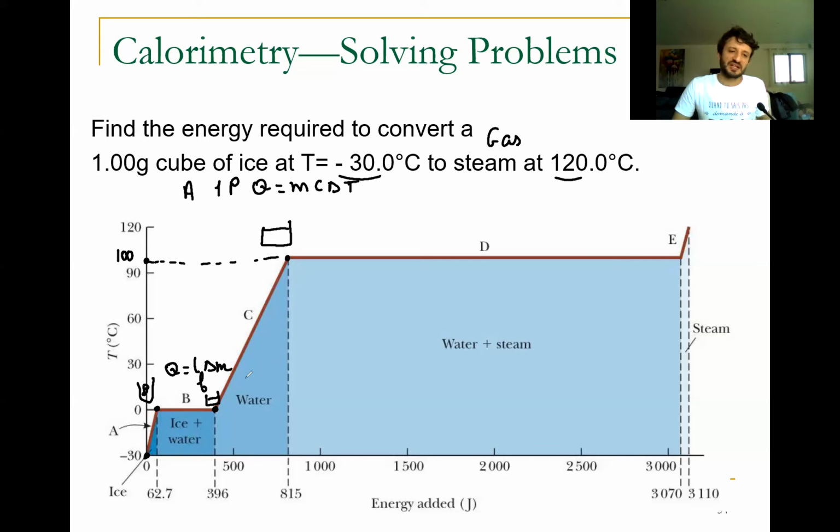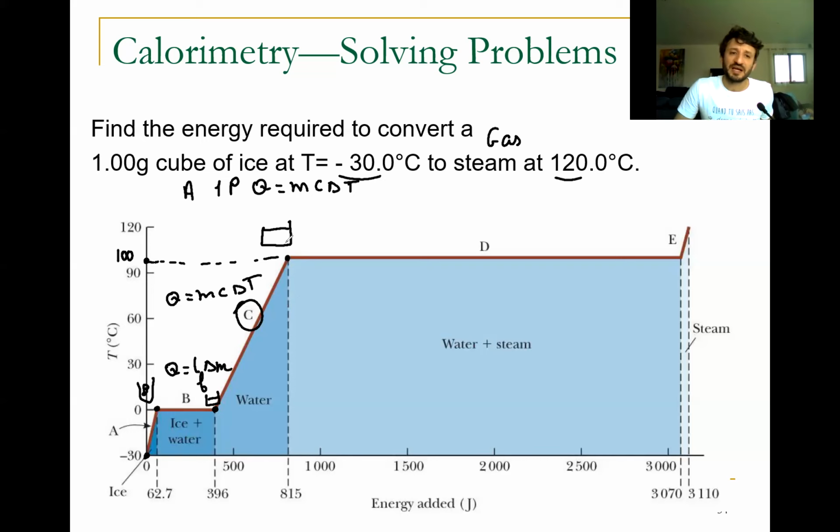To convert the liquid from 0 to 100, we have only one phase because we have liquid to liquid. In this case, in the zone C, we have to use Q equals mc delta T in the case of one phase.